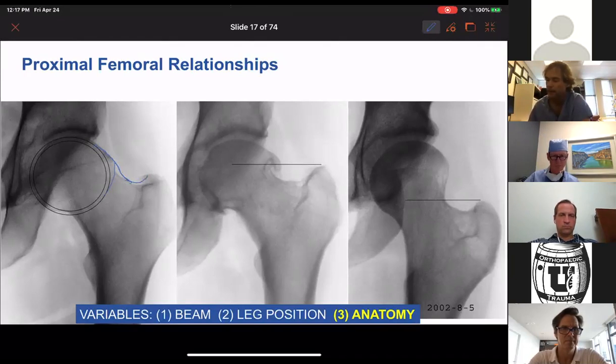You see coxa vera in the second diagram, so the center of rotation of the head is below the tip of the trochanter, and you see coxa valga in the third diagram. The center of rotation of the head is above the tip of the lesser trochanter. So these are abnormal anatomy, granted, but these are variations, and we're going to see these things when we're operating on patients that are older that have arthritis, especially the 2 that you see on the left.